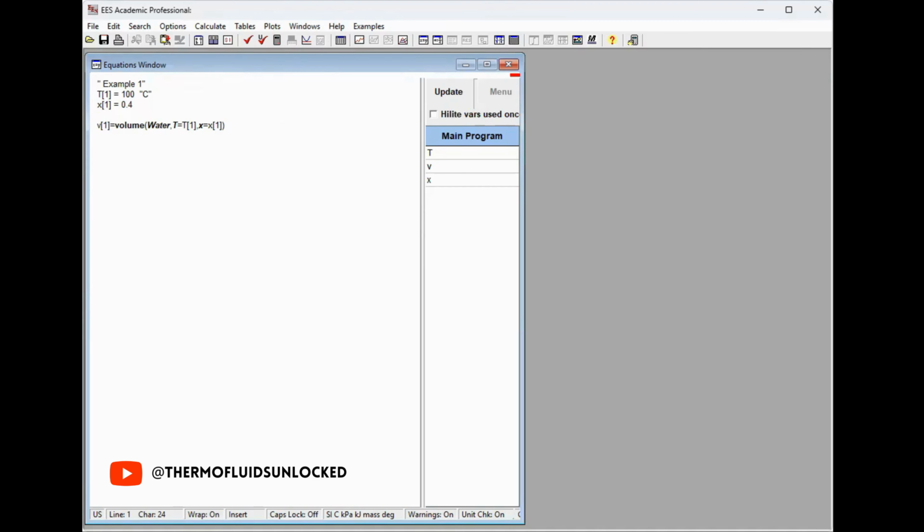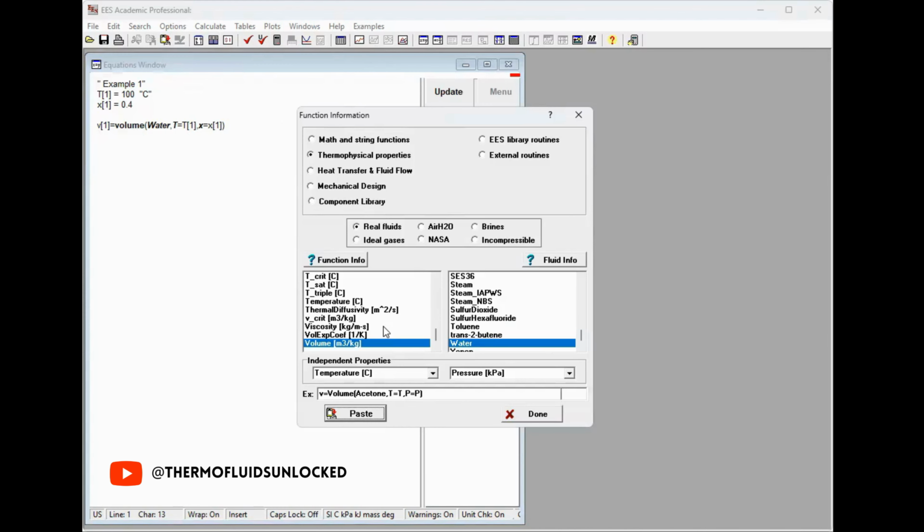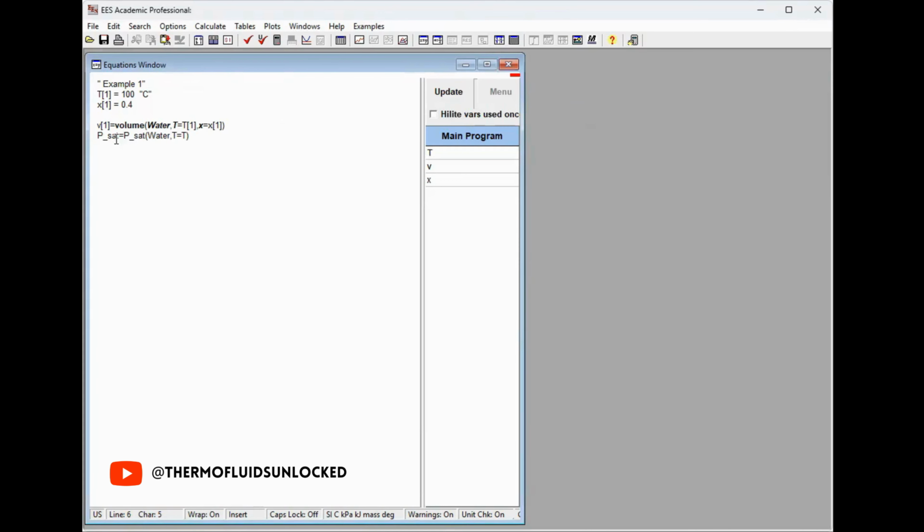The other thing that I want to calculate is the pressure, and I already know that this should be the saturation pressure. So I scroll up, and here I choose saturation pressure, and as you can see, it's only a function of temperature. The changes that I need is to put the proper names and provide the proper input.